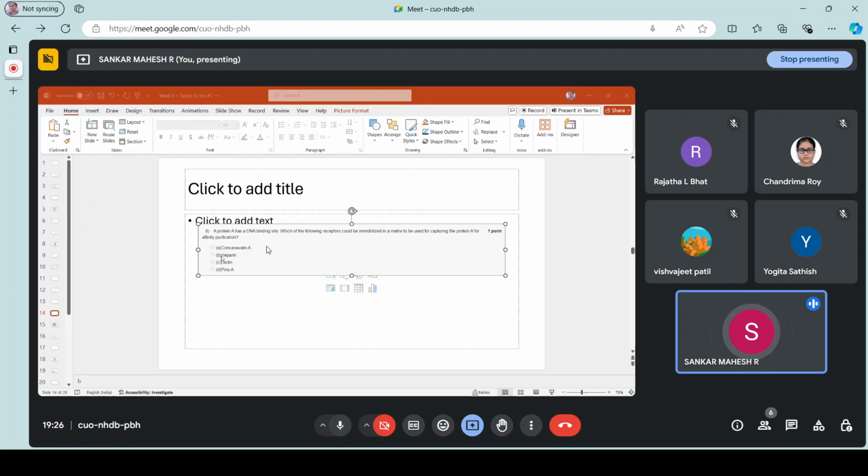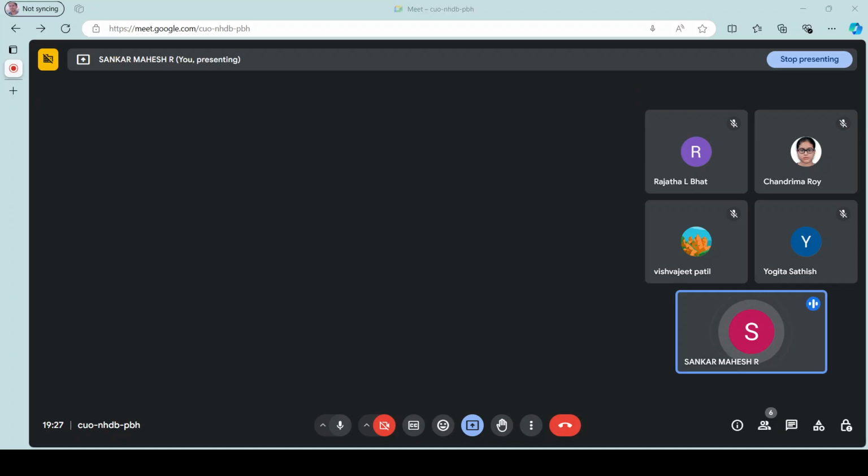Now, what we need to understand is that in the question, it's not very clear about what is the DNA binding site. So, we cannot realistically use poly A as an answer here. Rather, what we use in lab is heparin. So, this is the structure of heparin, which has this sulfated group and this carboxyl group.